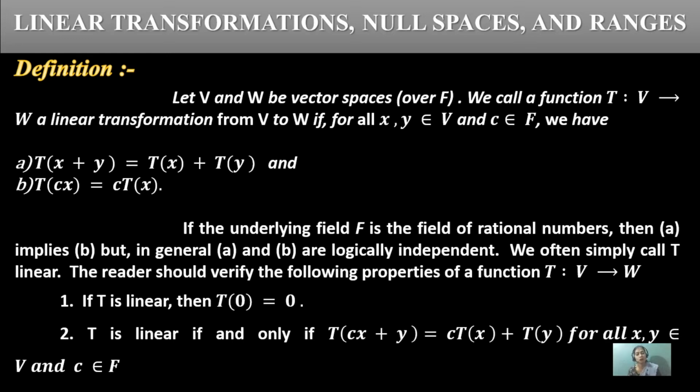The same two properties hold: if T is linear, then T of 0 equals 0, and T is linear if and only if T of c x plus y equals c T of x plus T of y. If c is a constant, it comes out as a common factor. Hence x, y are elements of V and c is an element of the field.